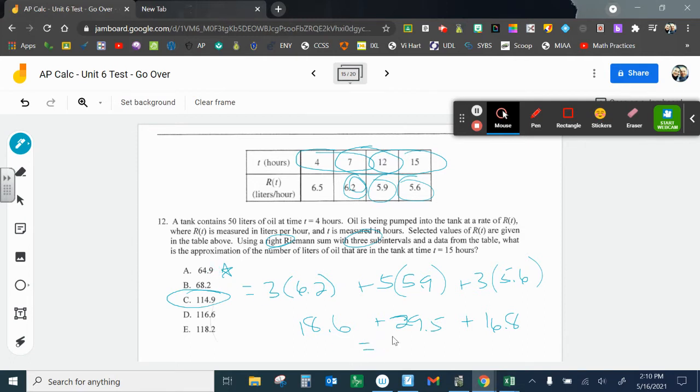So mine adds up to 64.9, but then I had 50 liters of oil in it. So I've got to do the plus 50 and I get my 114.9. Okay. Again, that's like the second or third problem I would have got wrong just by being in a rush and not paying attention to what initial amount was in there.